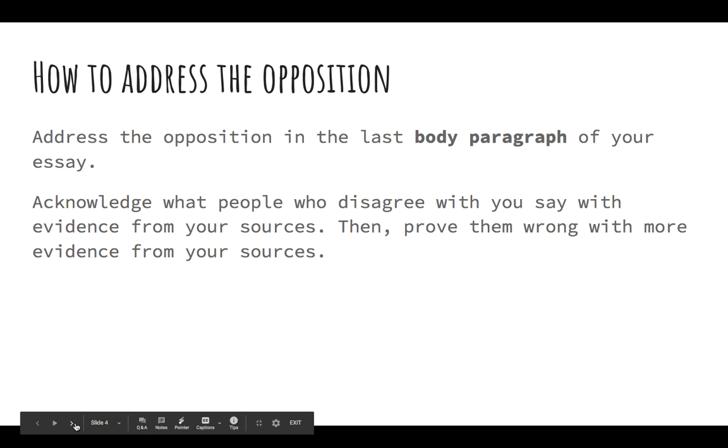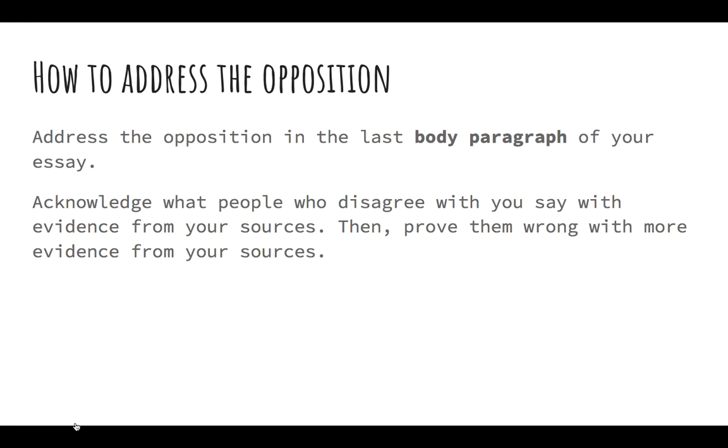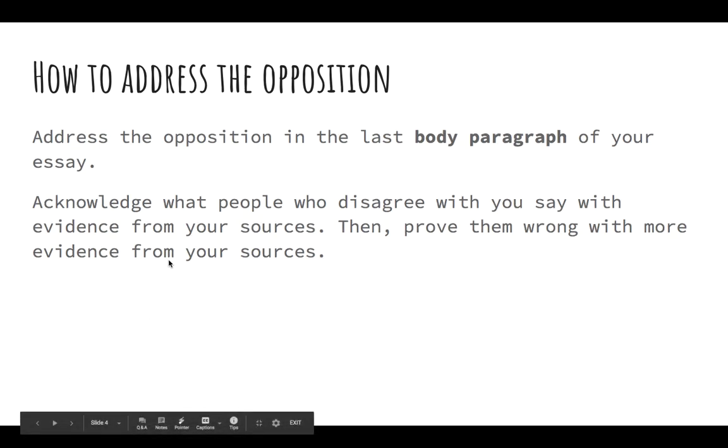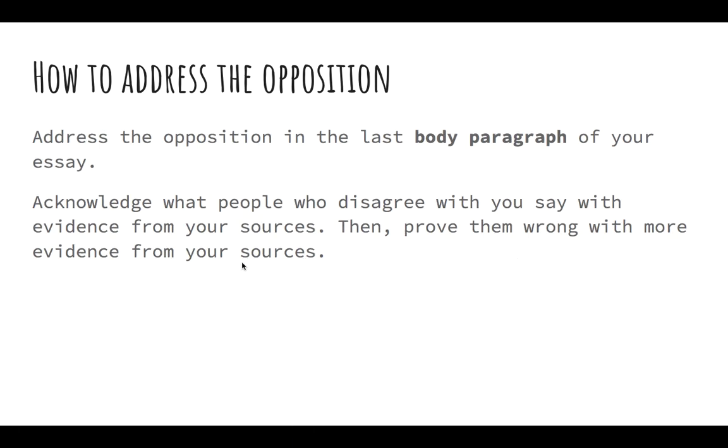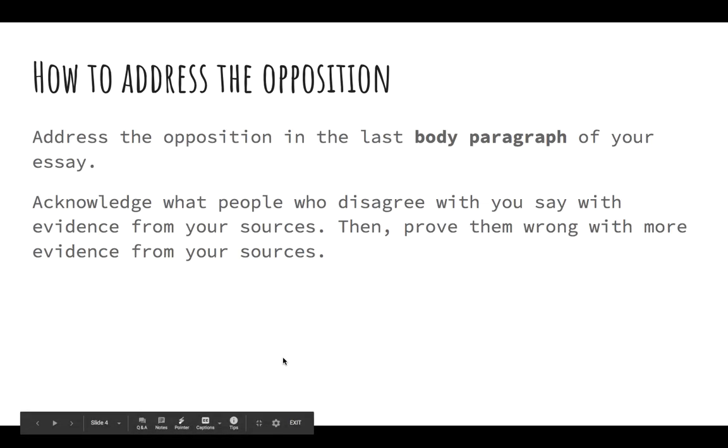So in an essay, the way that it typically goes, and you don't have to do it this way. Some people like to get it out of the way in the first body paragraph, but I think it's easiest to do your 3 body paragraphs and then address the opposition in the last body paragraph of your essay. Okay? So you're going to acknowledge what people who disagree with you say with evidence from your sources, then prove them wrong with more evidence from your sources.